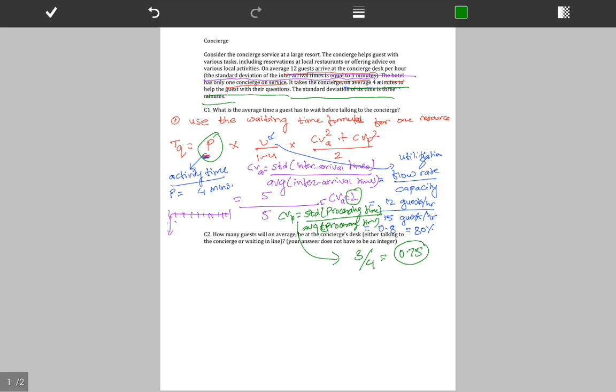So we have all the numbers we needed. We know P, we know U, we know CVA, we know CVP. After that, it's just about putting it in the formula. So TQ equals, we have the processing time equals 4, U equals 0.8, 1 minus U, so 1 minus 0.8, CVA equals 1, so 1 square plus 0.75 square, divided by 2.